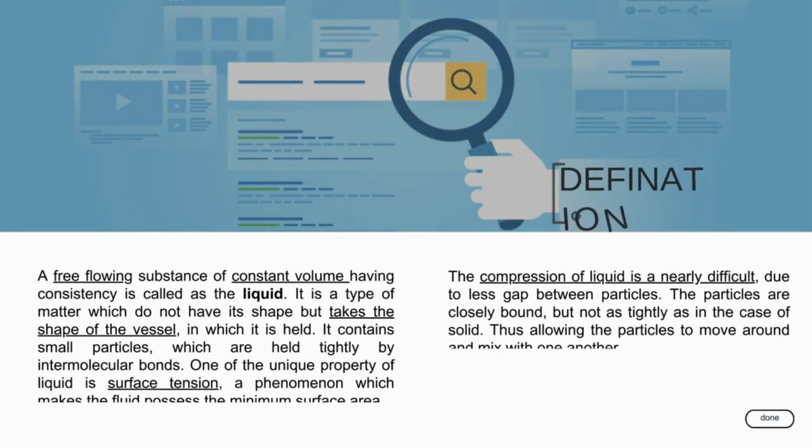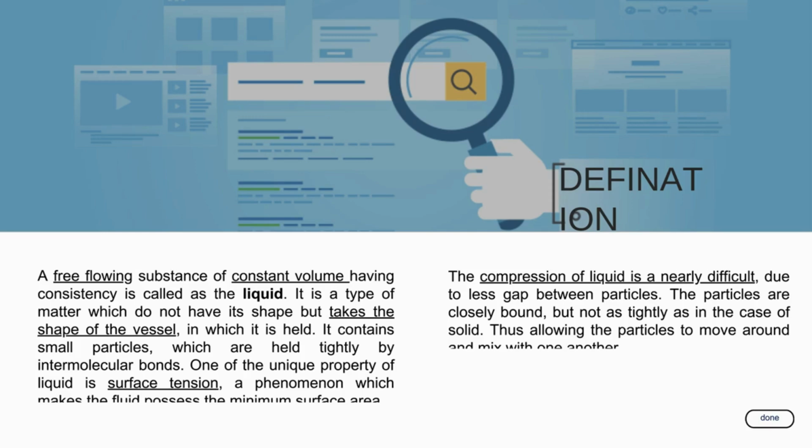For the liquid, it is a free-flowing substance of constant volume having consistency. It is a type of matter which does not have its own shape, but takes the shape of the vessel in which it is held. It contains small particles which are held tightly by intermolecular bonds.